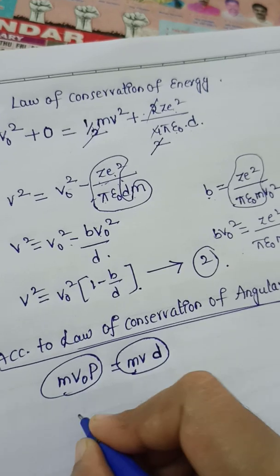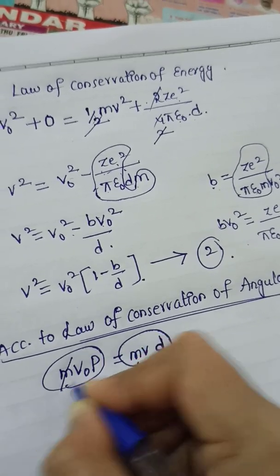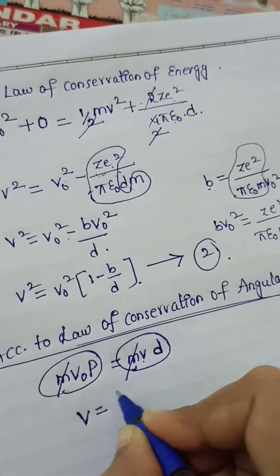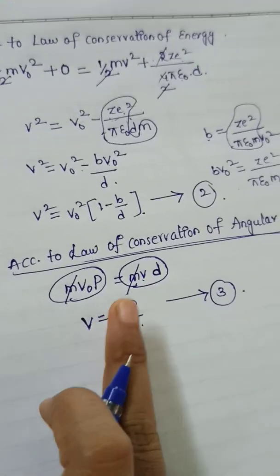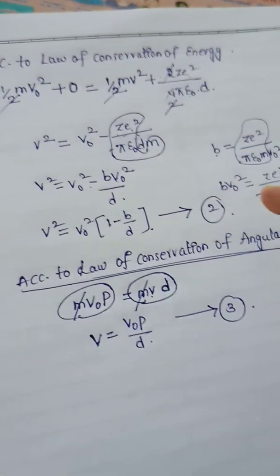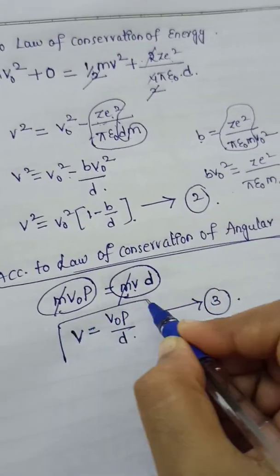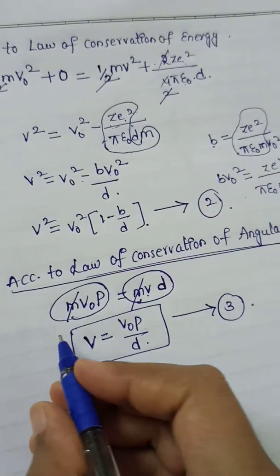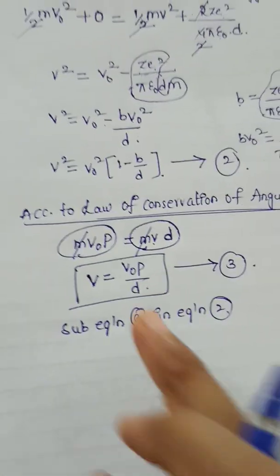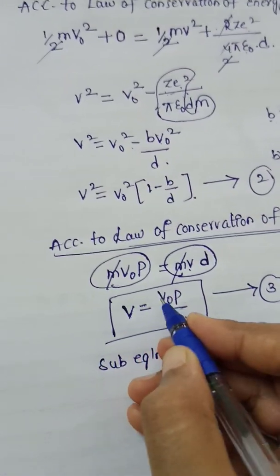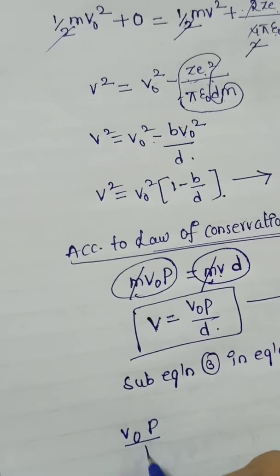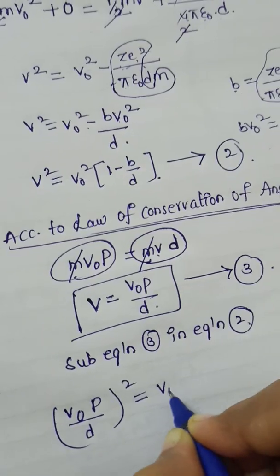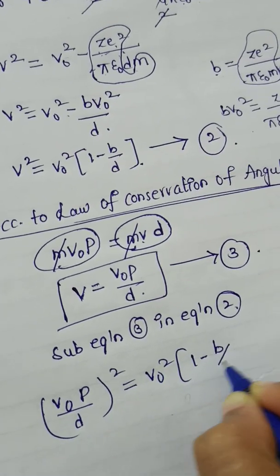Here I would like to take the value of v. v is equal to what? m gets cancelled and v is equal to v naught p by d. This is equation number 3. Now substitute equation number 3 in equation number 2. We have the value of v, so substitute v in equation number 2. v is equal to v naught p by d, right? v naught p by d whole square is equal to v naught square into 1 minus b by d.